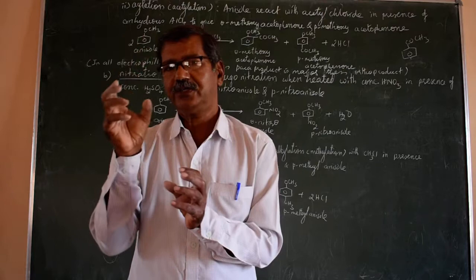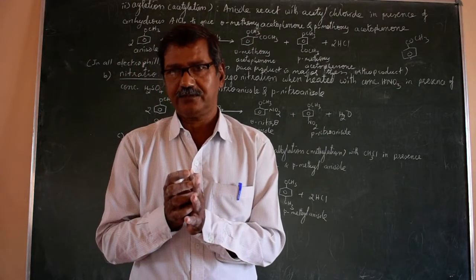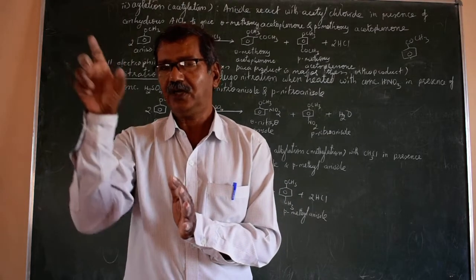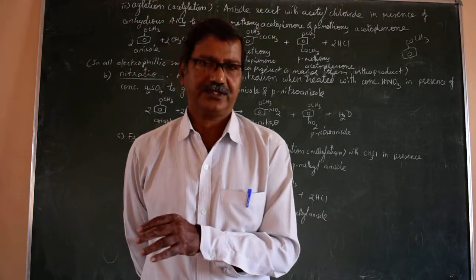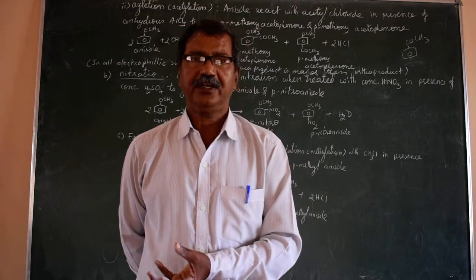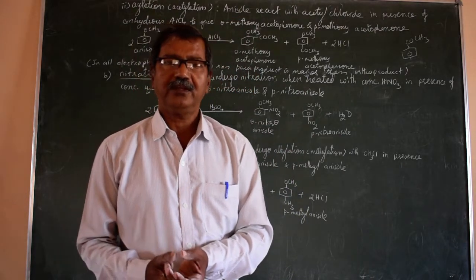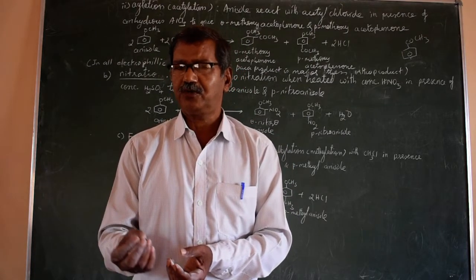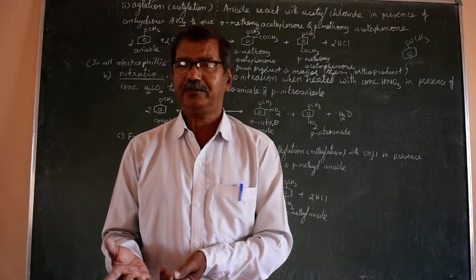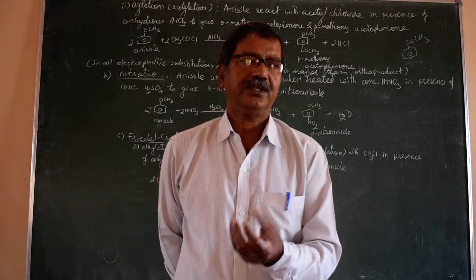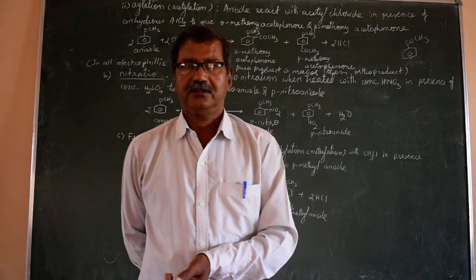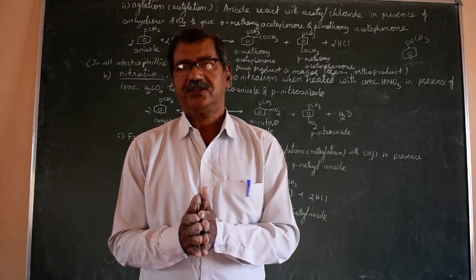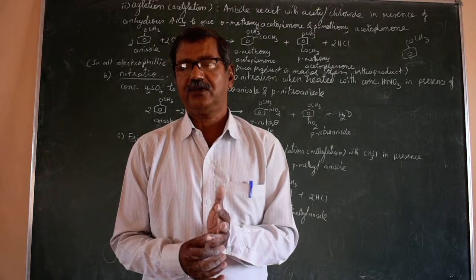One is the phenolic OH group and another is the carboxylic OH group. Remember which OH group is involved in the reaction. It is the phenolic OH group, not the carboxylic OH group. So just by treating salicylic acid with acetic anhydride in the presence of concentrated H2SO4, 2 drops, no need of using excess, you can prepare it in the laboratory also. The product is aspirin.